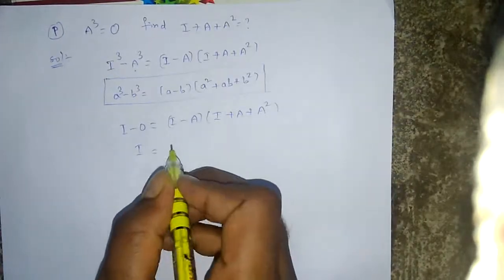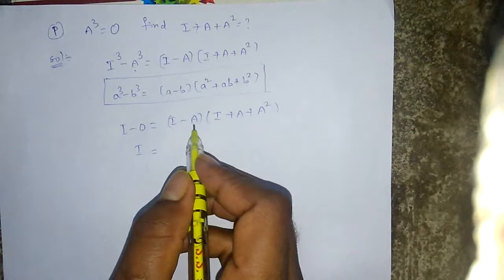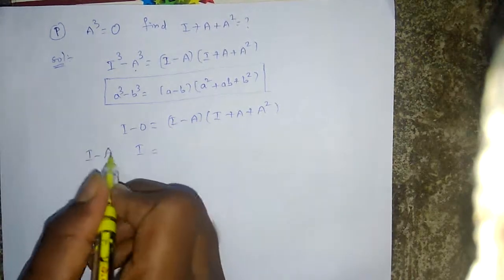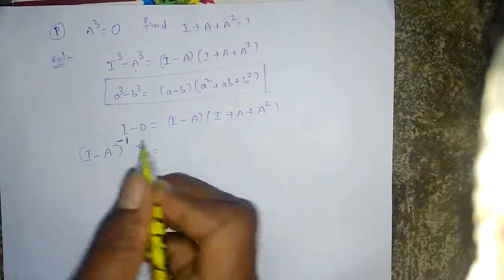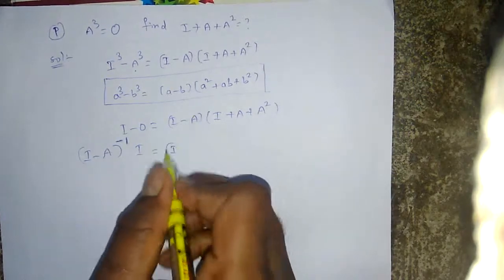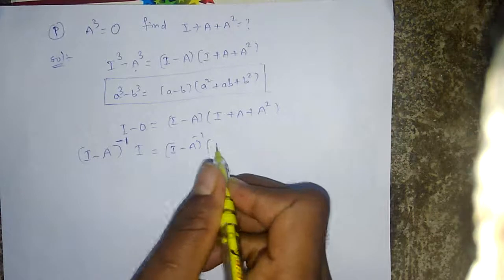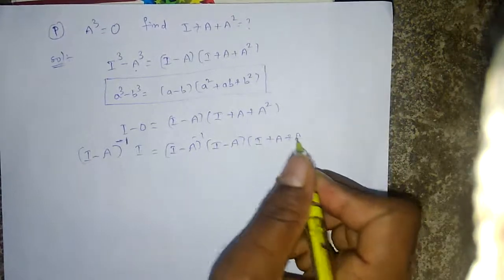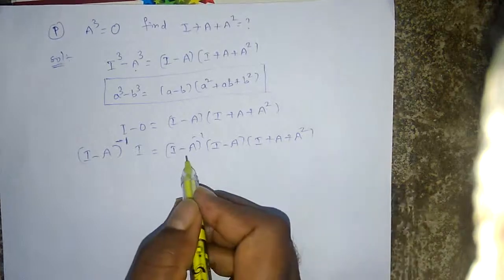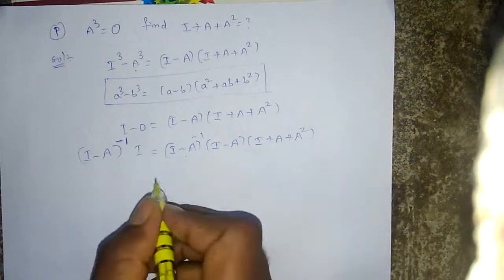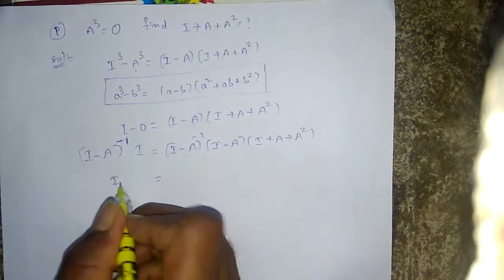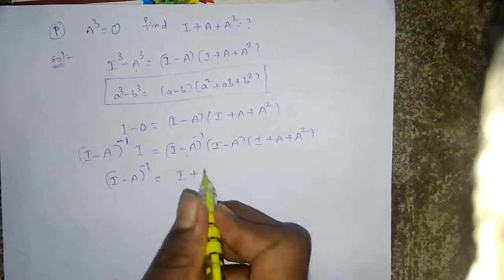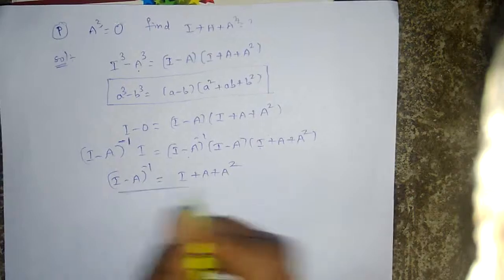So I is equal to I minus A into I plus A plus A square. Now multiply by I minus A inverse: I minus A inverse into I minus A into I plus A plus A square. I minus A inverse into I minus A is the identity matrix. Here I minus A inverse is equal to I plus A plus A square.